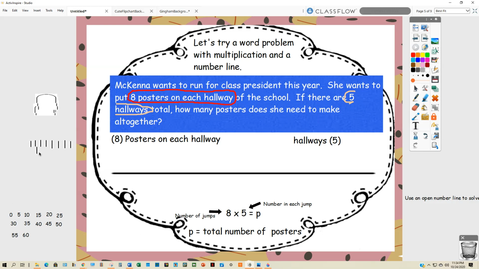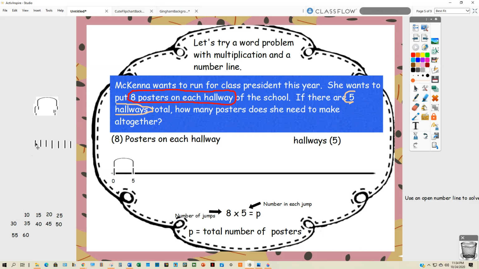I'm going to go ahead and start my number line off at 0 and then do my first jump. Now remember, the first jump is easy because this number right here tells you what you should land on to begin with. So I know I'm going to land on 5. Now remember, at the end of this, I have to do 8 jumps.